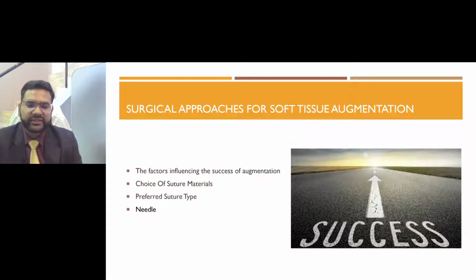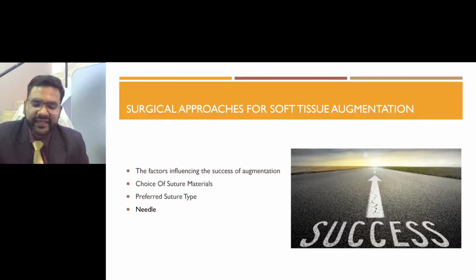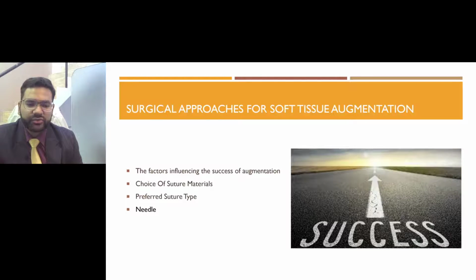The use of silk sutures here is usually not recommended for soft tissue graft procedures, since silk sutures tend to have a weakening effect and often show a mild inflammatory response during the initial healing process. The preferred suture type for tissue augmentation is a suture such as Vicryl or Monocryl 5-0 or 6-0, and that too with a round body needle, because usually we use a reverse cutting needle, which is quite traumatic to the grafts.